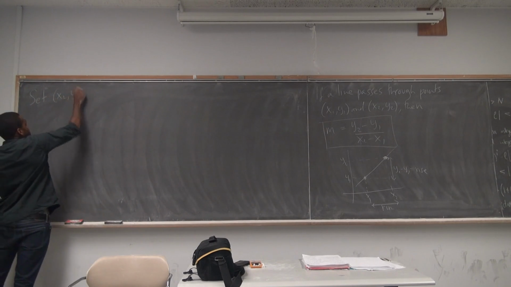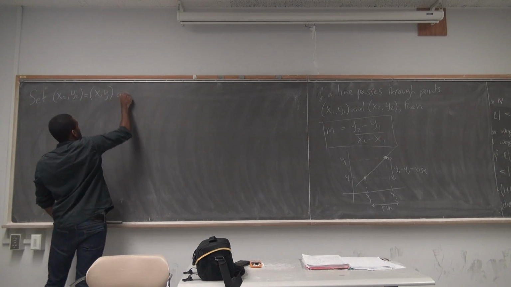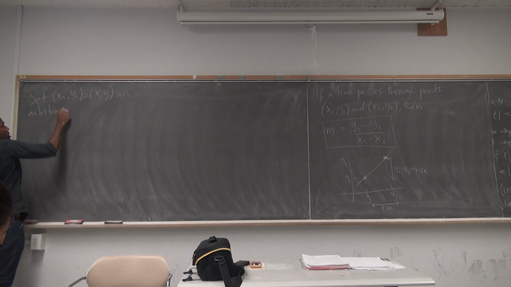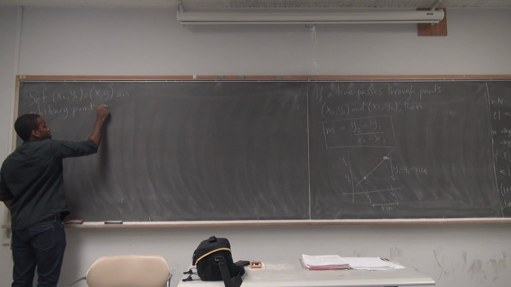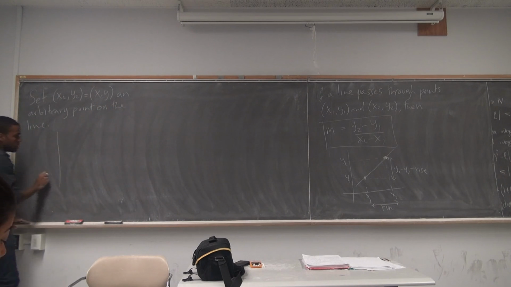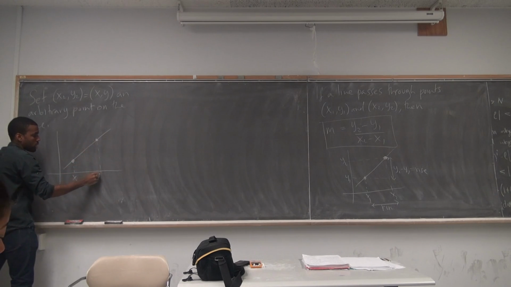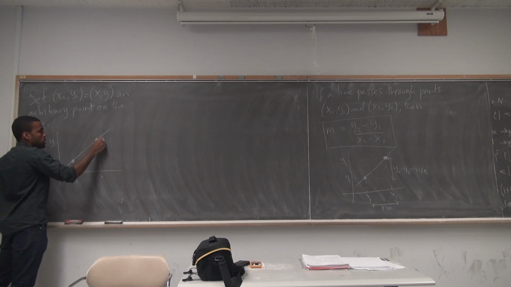Set x2, y2 equals x, y, an arbitrary point on the line. So I have a similar picture, x1, but here my x2 I call x, my y2 I call y, because I just want this point to be x comma y.